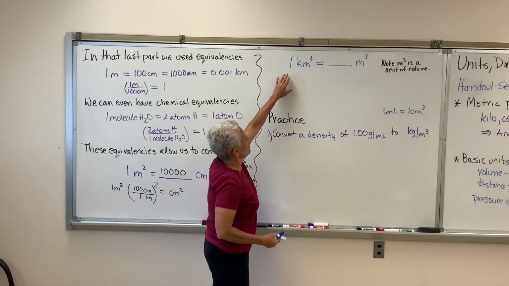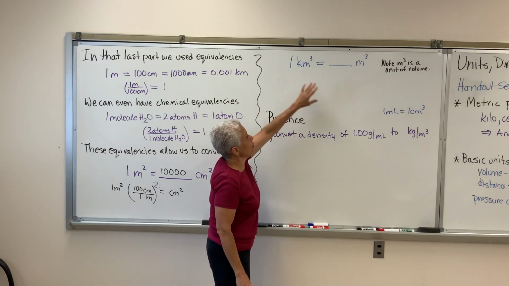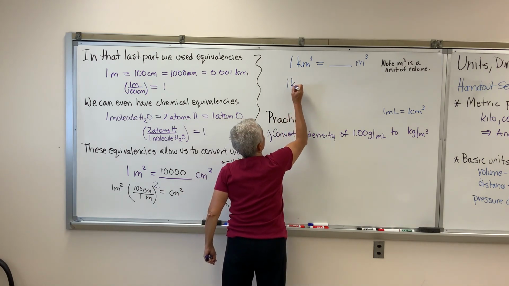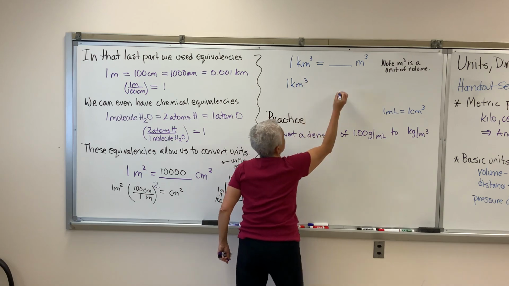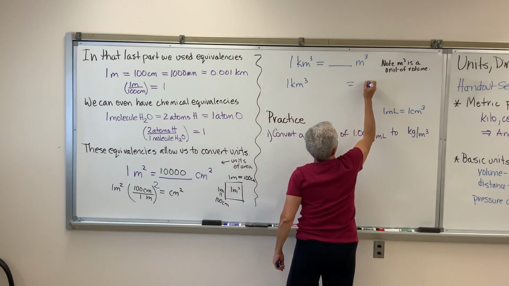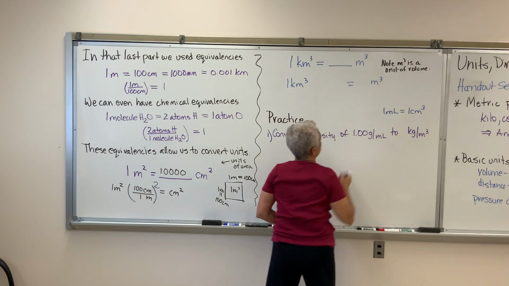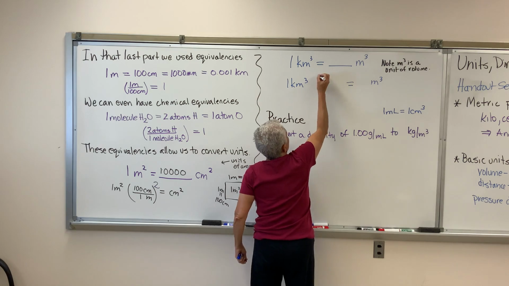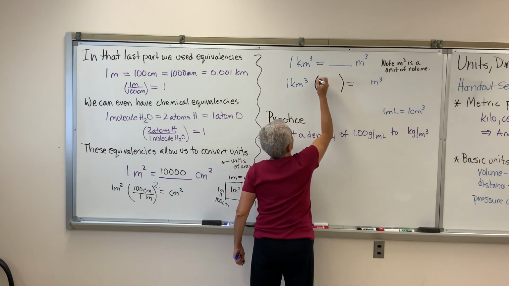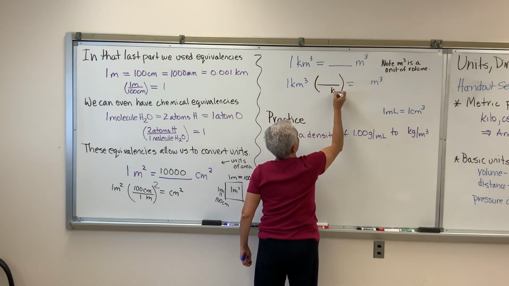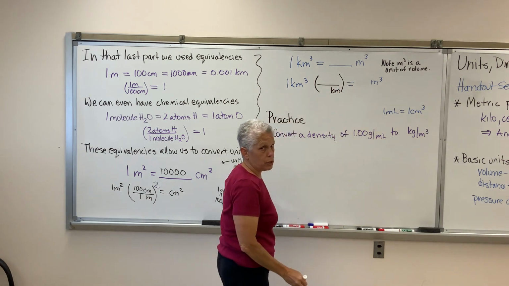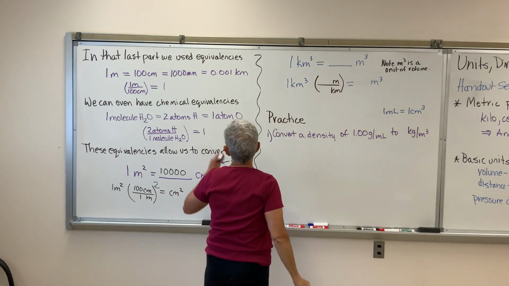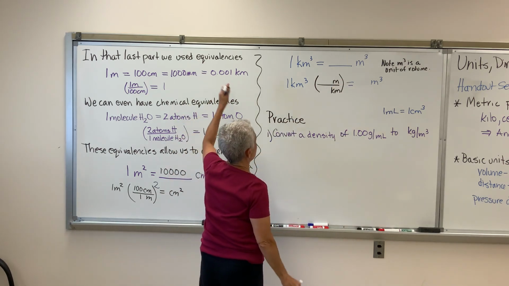Okay, so you have 1 kilometer cubed to meters cubed. So again, you're starting out with 1 kilometer cubed, and you're trying to change this into meters cubed, right? So you know that you want kilometer on the bottom because that's the way the kilometer is going to cancel, and you want meter on top, and you know the conversion. Either way works.